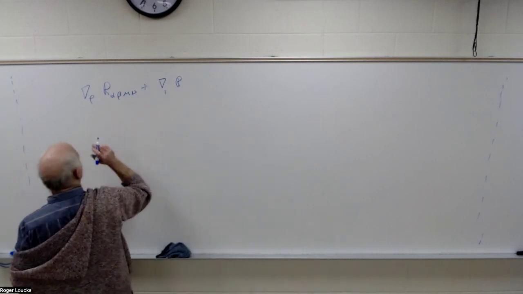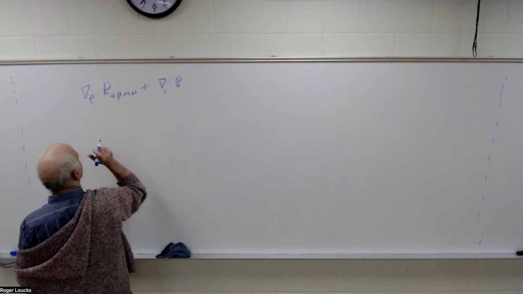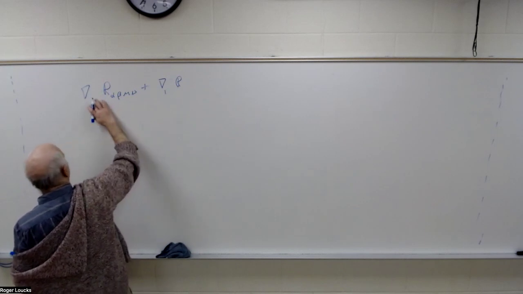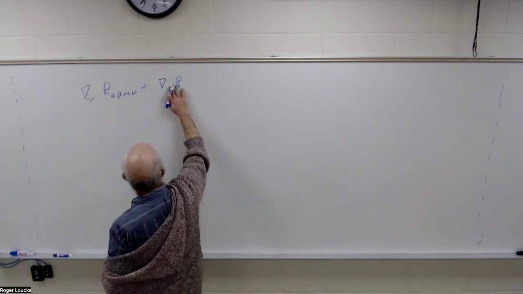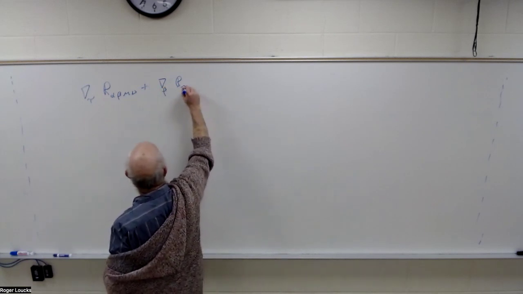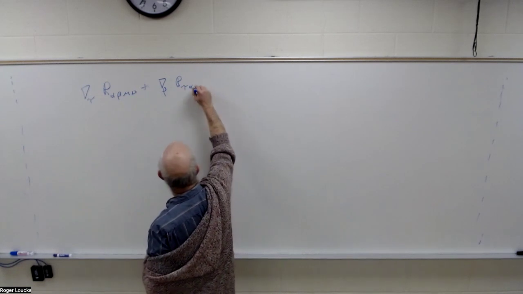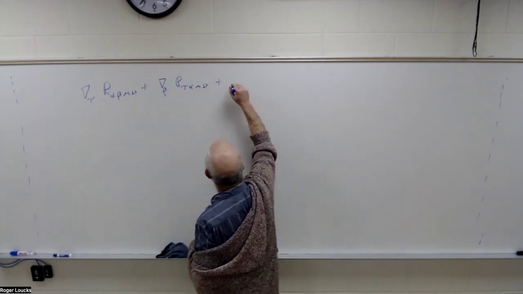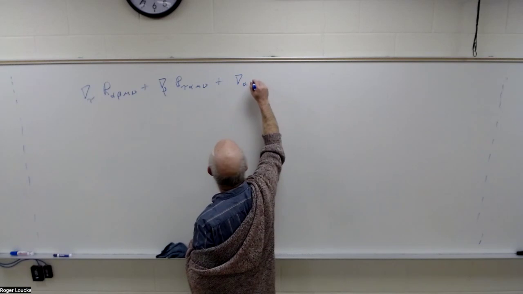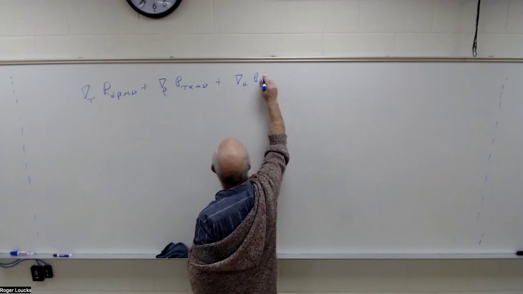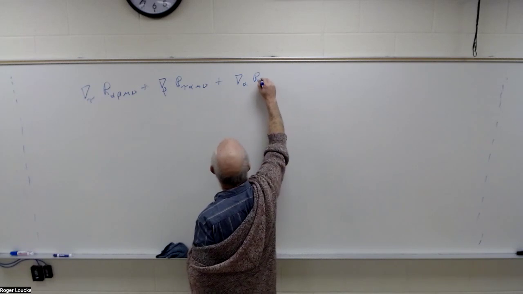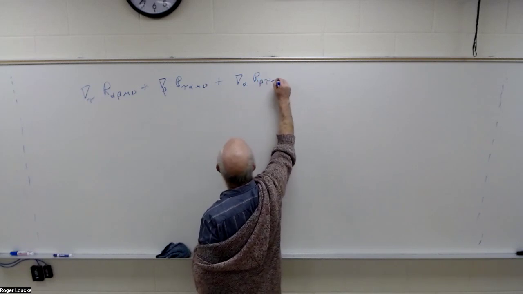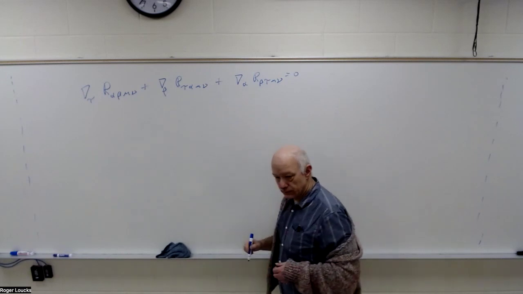I want something I'm not going to confuse, so I'm going to say tau. That doesn't look like anything else. So this will be beta, tau alpha, mu nu. And then we're going to have beta, alpha, r, beta, and that equals 0.